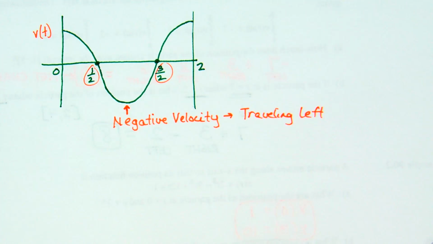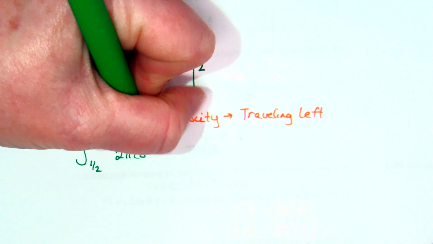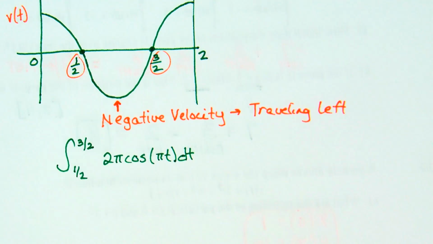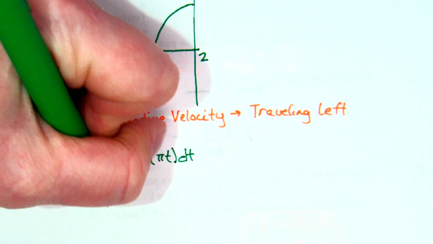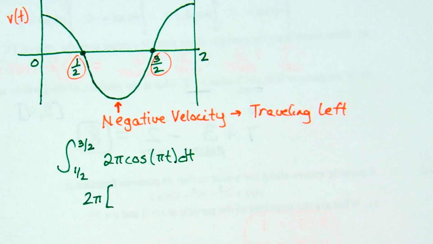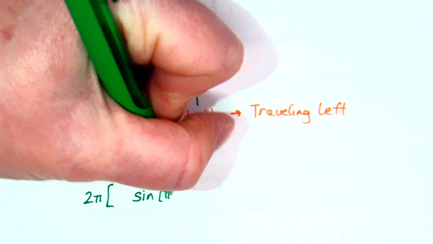So the integral from 1/2 to 3/2 of 2 pi cosine pi t dt. Yeah, you can think about the 2 pi separately. What's the integral of cosine of pi t? Sine of pi t.